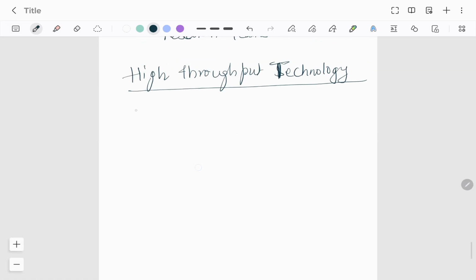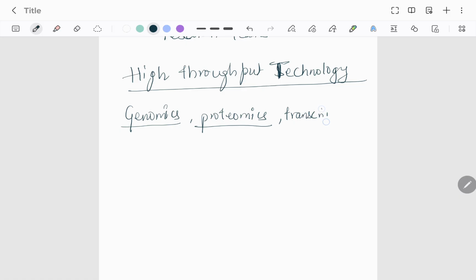If I say genomics, this is the study of genome. Proteomics, study of proteome. Just like this, there is transcriptomics.